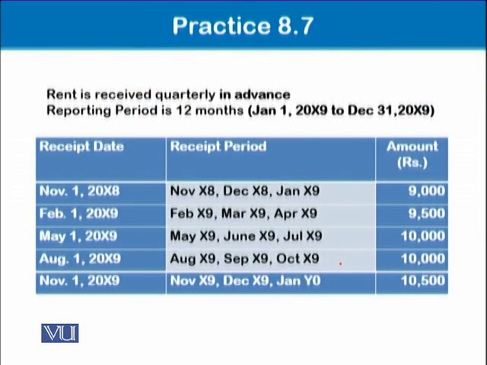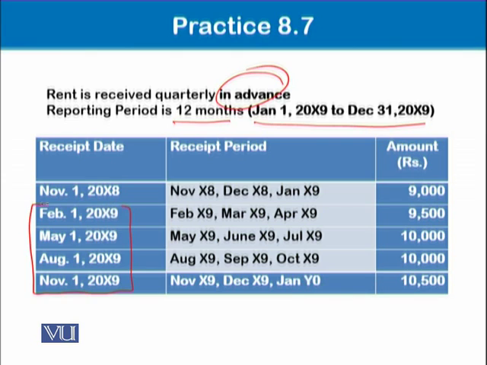So let's see what we learn in this practice question, that rent is received quarterly in advance and our reporting period is 12 months starting from 1st January X9 to 31st December X9. And when we say X9, this is falling in our year.